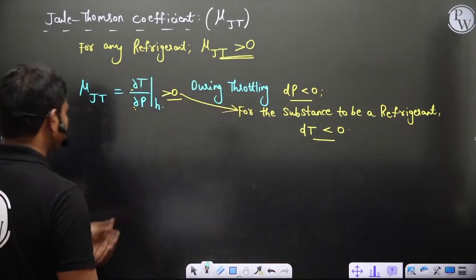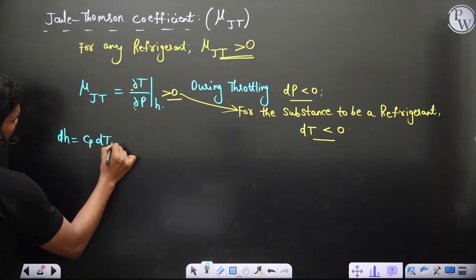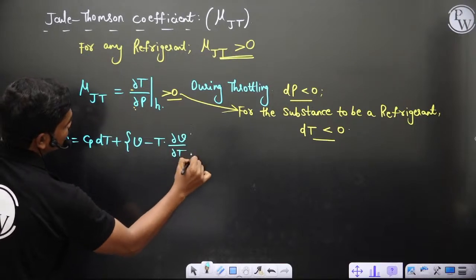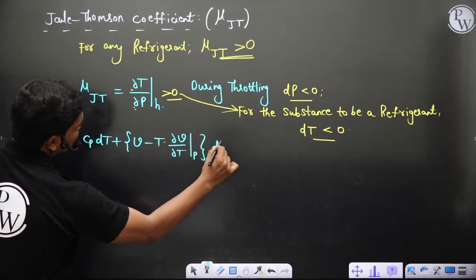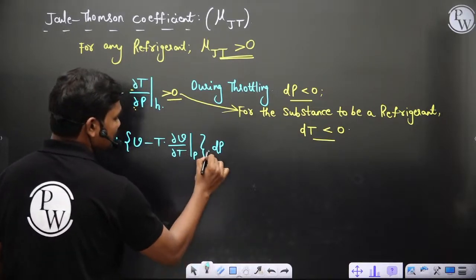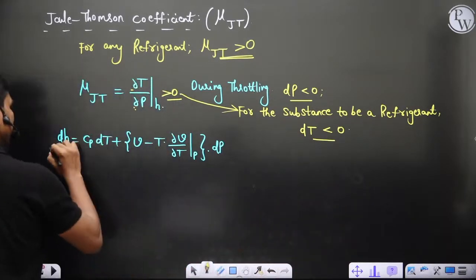If you want to generate an expression for mu JT, we all know the change in enthalpy dH is equal to Cp dT plus (V minus T dou V by dou T at constant pressure) dP. You know this, correct? Normally you might have seen this in your basic thermodynamic relations. Now, for an isenthalpic process, dH is 0.